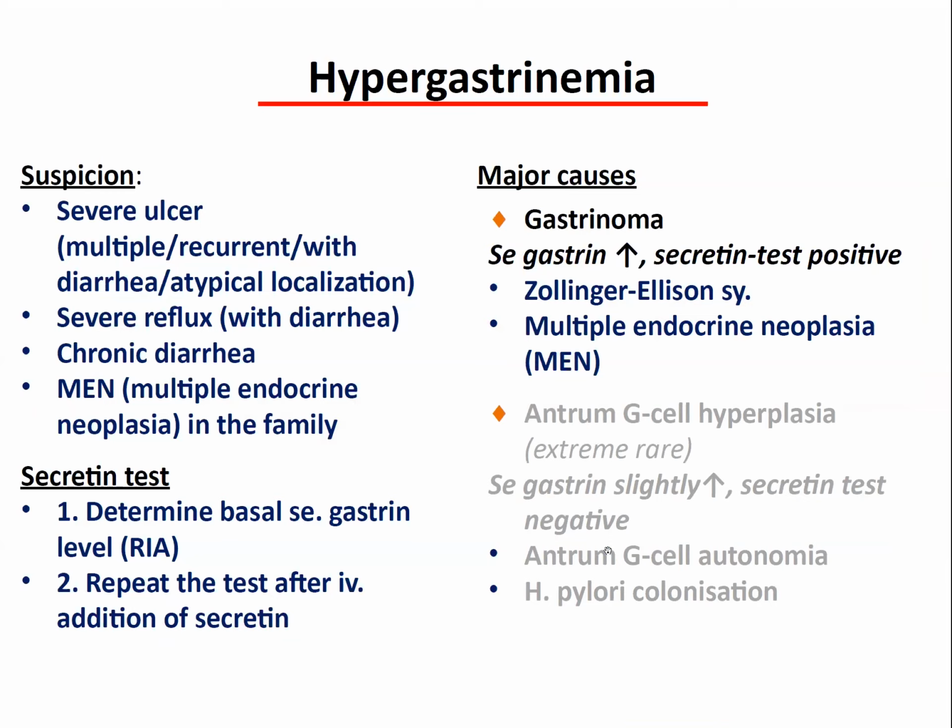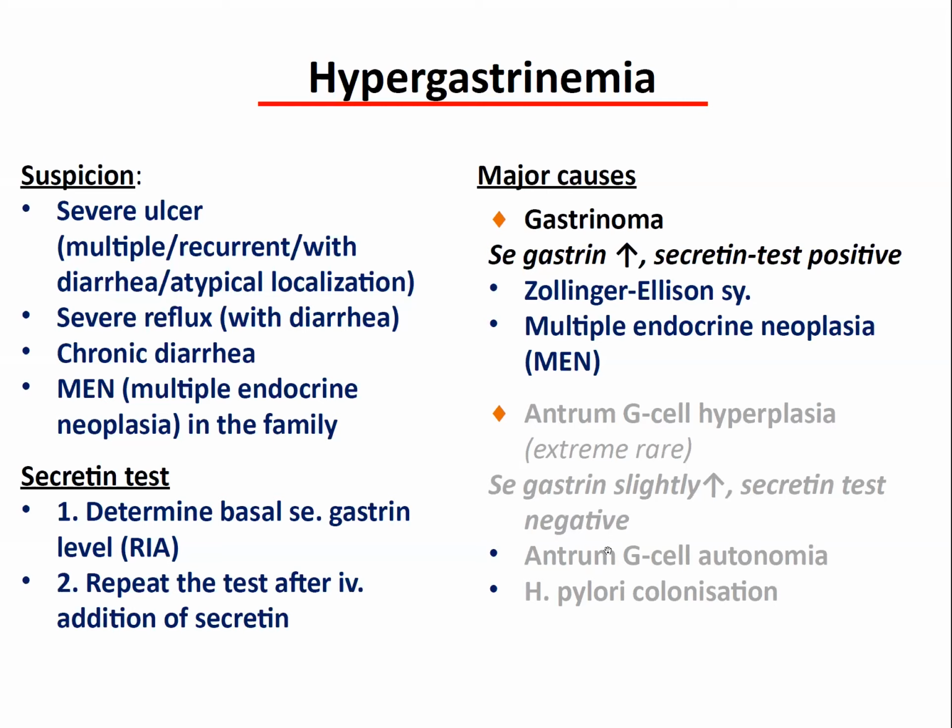Now, the causes of hypergastrinemia, such as gastrinoma, when we have a tumor that is going to secrete the gastrin, such as Zollinger-Ellison syndrome, or as a part of multiple endocrine neoplasia, can all cause an increase of the gastrin level. What they test is the secretin test: giving secretin and measuring the gastrin production, how high it is.